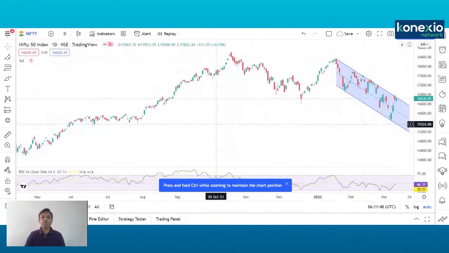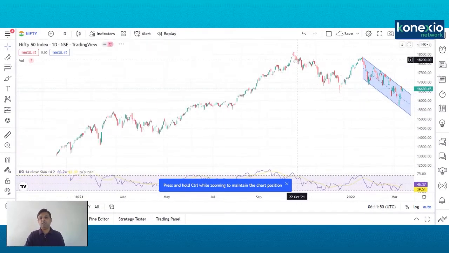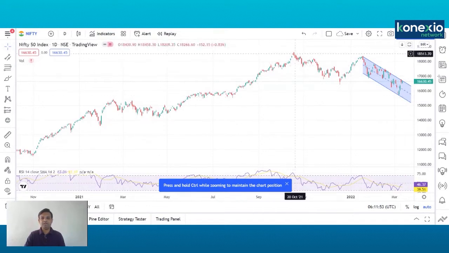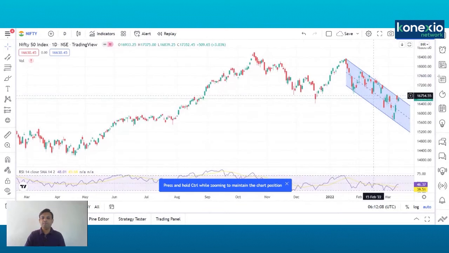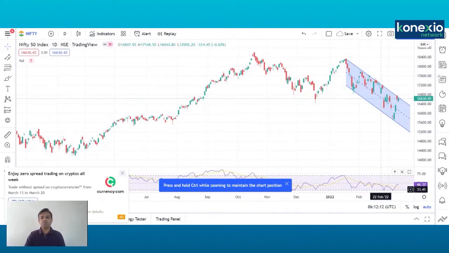Now looking at the past trend, you see this rally, it corrected from these highs of 18,600. It again came back to 16,400. From there again it rallied back to the 18,300 to 18,400 mark. Again it corrected towards the level of 15,700, and from there again it has entered into a positive zone. RSI is also positive.